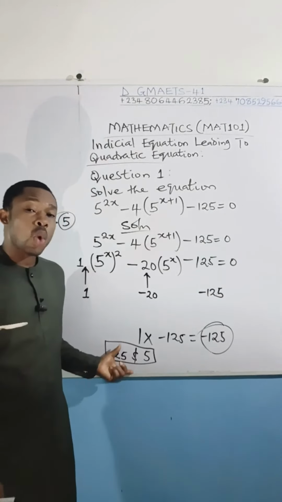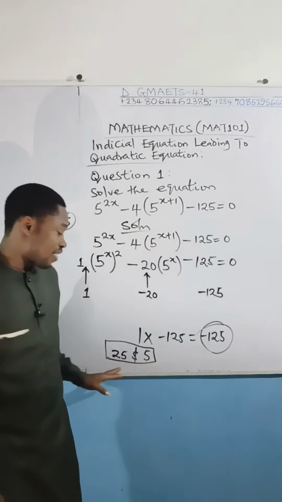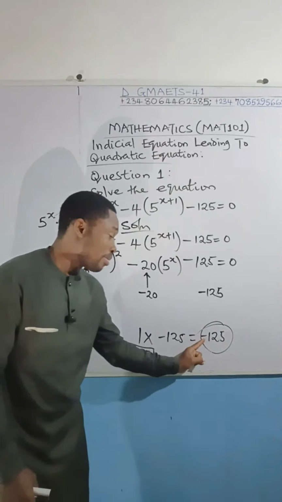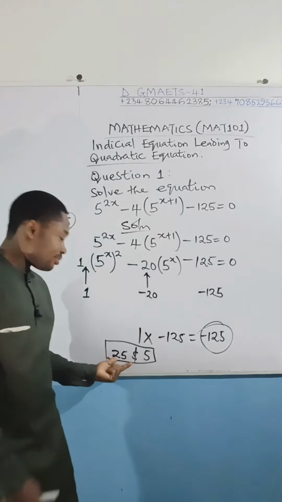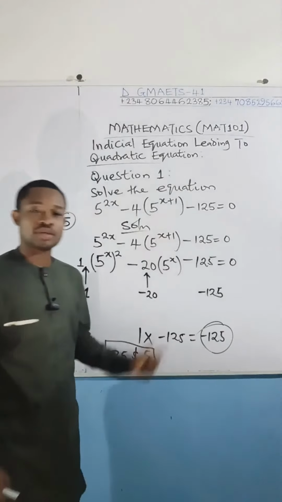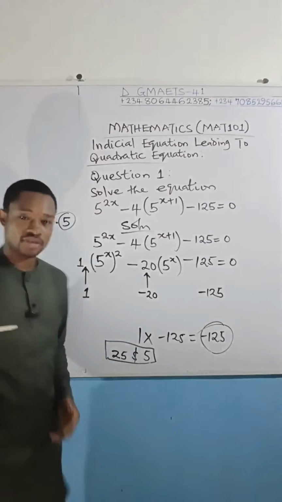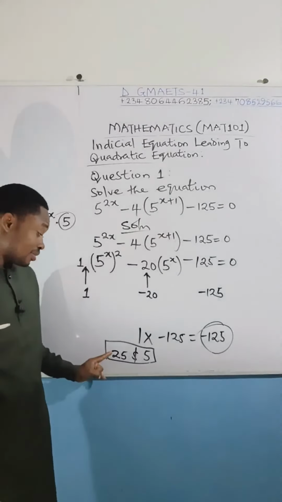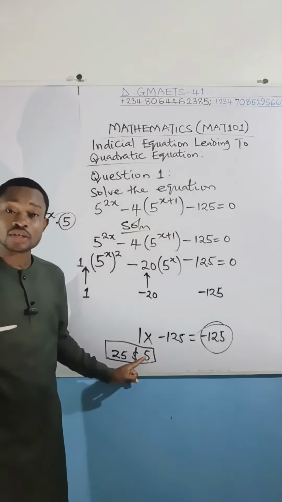But you want to work on their signs, because if you multiply this 25 and 5, it is expected to give you minus 125, and if you add them, it is expected to give you minus 20. So what will be the sign of this 25 and 5 that will achieve that? You'll agree with me that 25 will be a minus and 5 will be a plus.